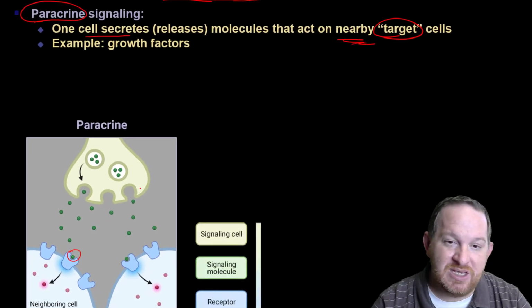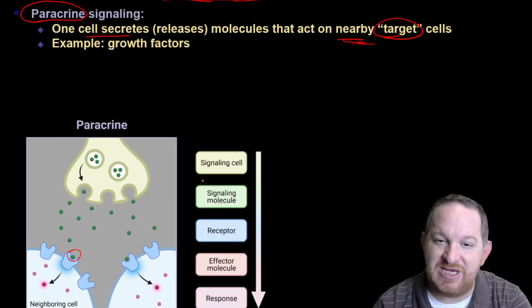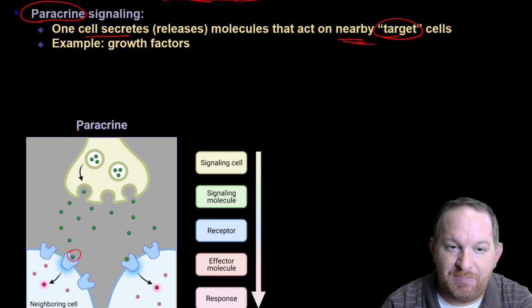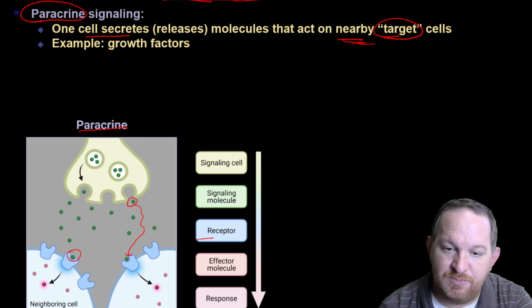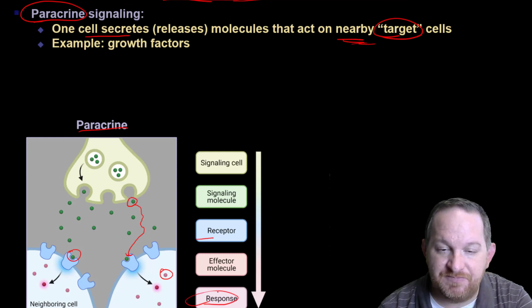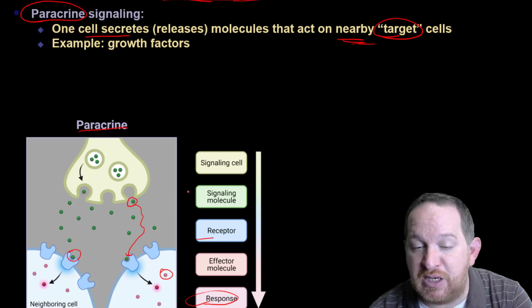So what you can see here is we got a little chart that tells you what's happening. So in paracrine signaling, you see the signaling cell up here, right? It's sort of yellow. Here's the molecule, the signaling molecule, the chemical, that's going to go and find a receptor that will then activate some effector molecule in the cell so that we get some response. Now, what response are we getting?